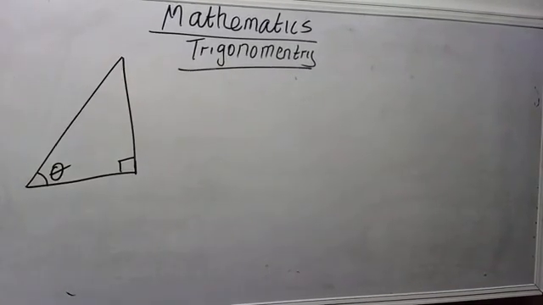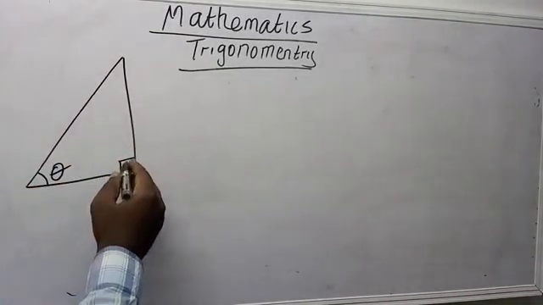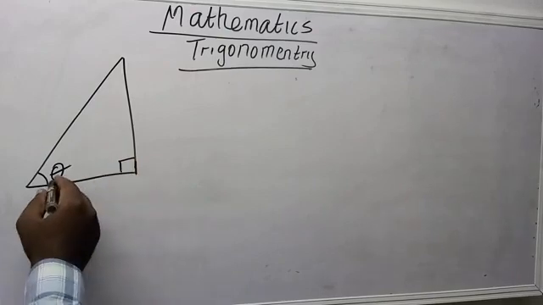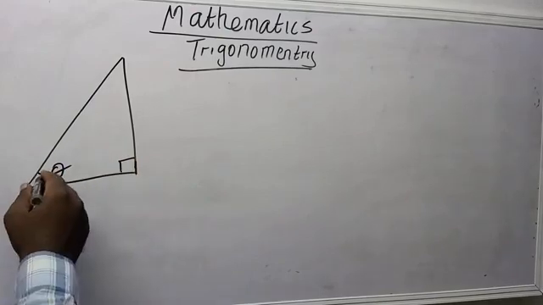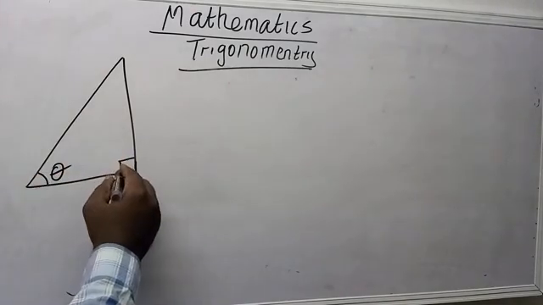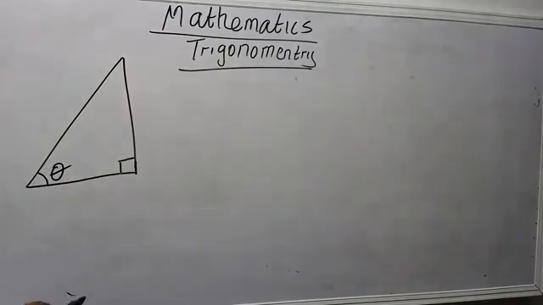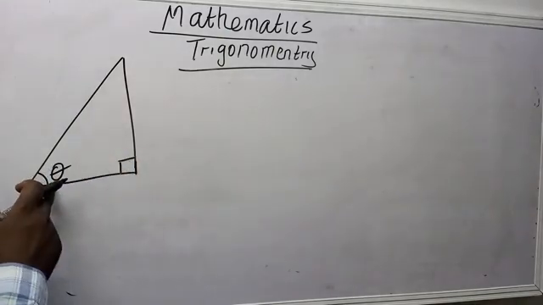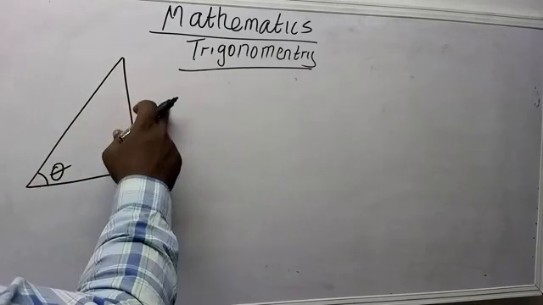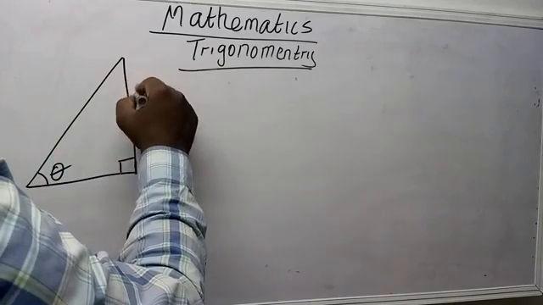Now, this is a right angle triangle. This is a 90 degree angle, this is an angle of 90 degrees. Now this is theta. Where this theta is facing is always called the opposite.